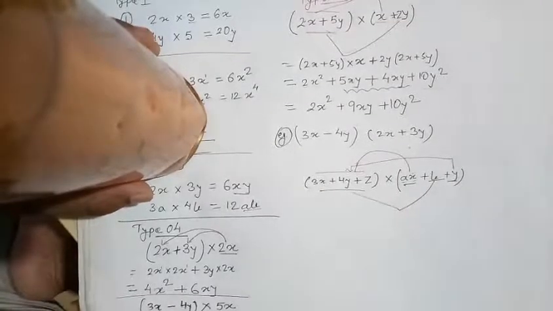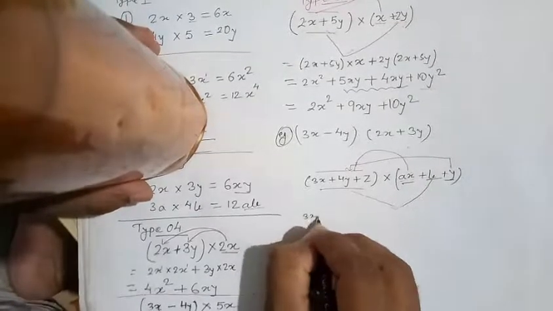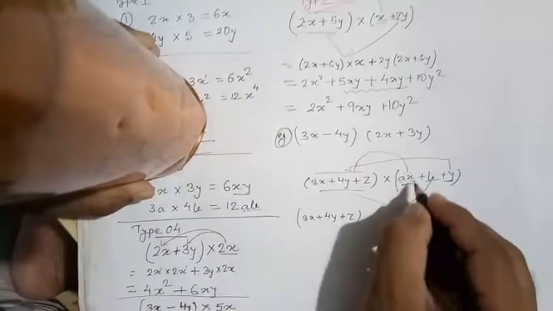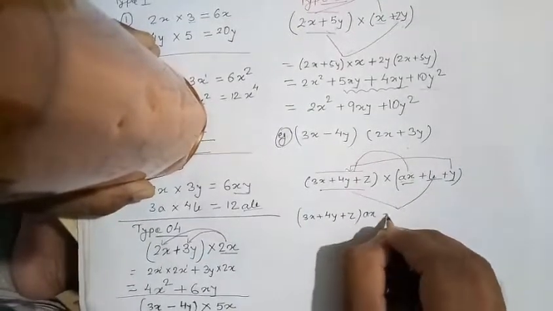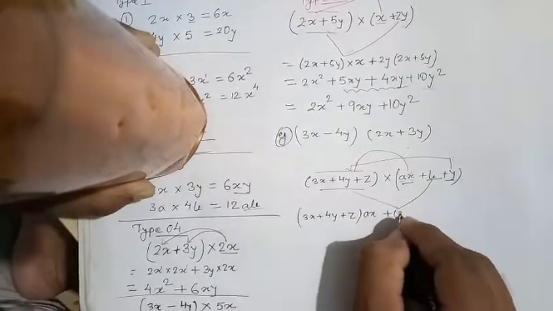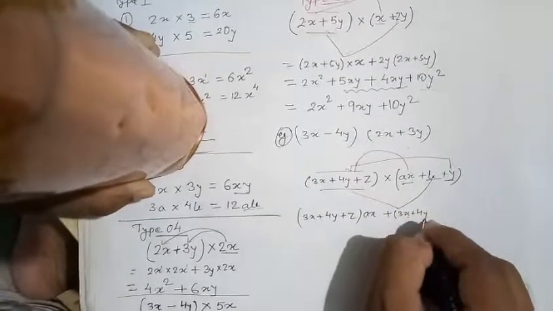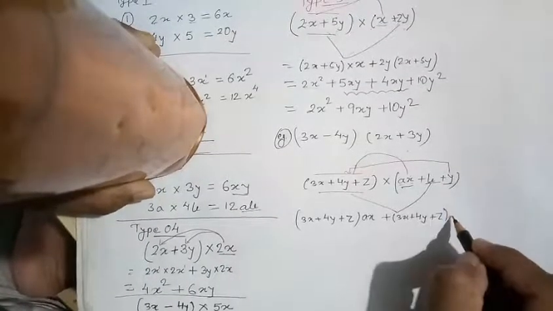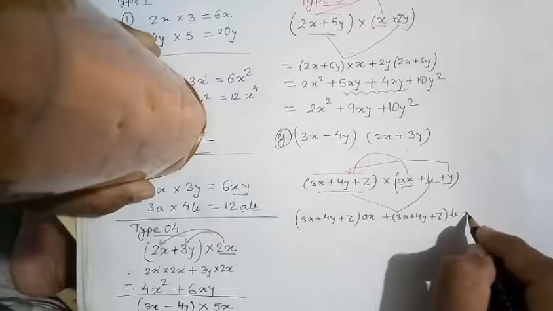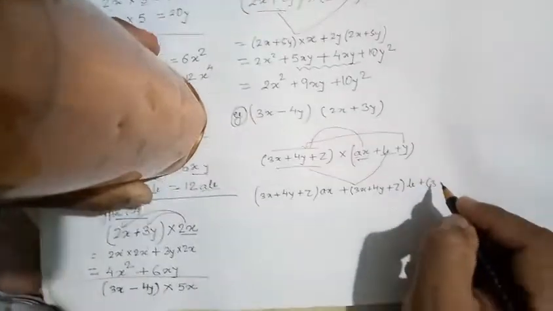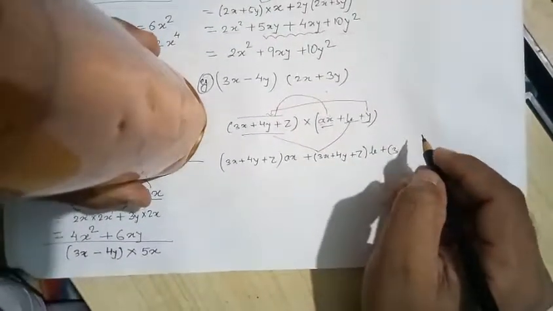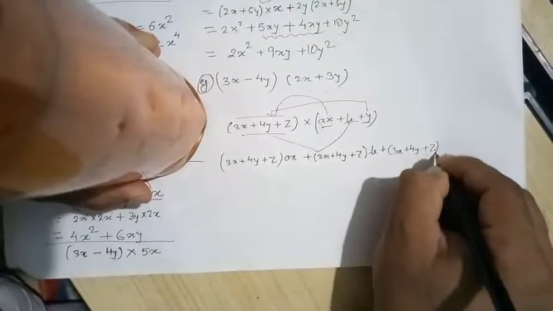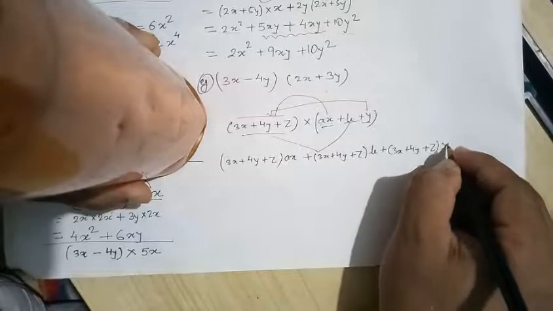So how it looks like now? So 3x plus 4y plus z will multiply with ax first, plus again this whole thing, 3x plus 4y plus z will multiply with b this time, and the last one, 3x plus 4y plus z will multiply with y, right?